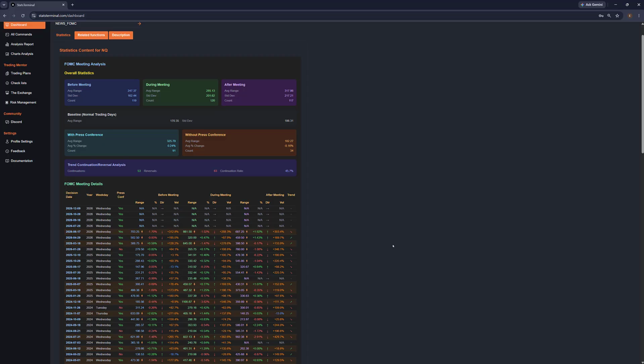Because of that, my goal wasn't to predict what the Fed would do. My goal was simply to identify areas where buyers and sellers are becoming trapped and use those clues to find a high probability opportunity. With that in mind, let's look at the first setup.